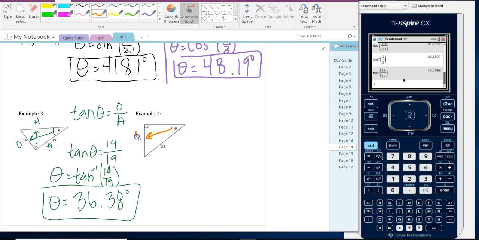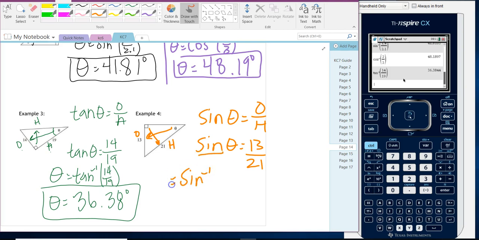This is my opposite side. This is my hypotenuse. So O and H would be our sine. Sine of theta equals O over H. So sine of my missing angle theta. Our opposite is 13. Our hypotenuse is 21. I want to look for that angle, so I do the inverse of sine. The inverse of sine is my theta. 13 divided by 21.